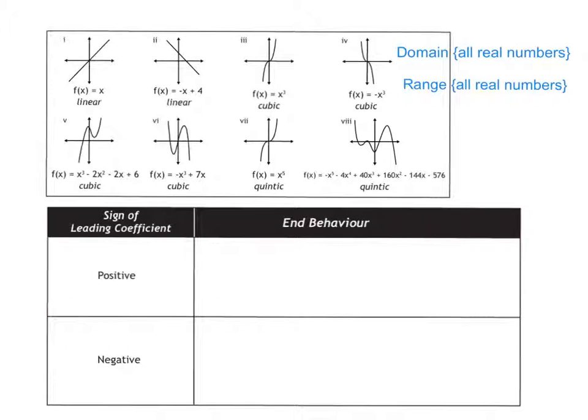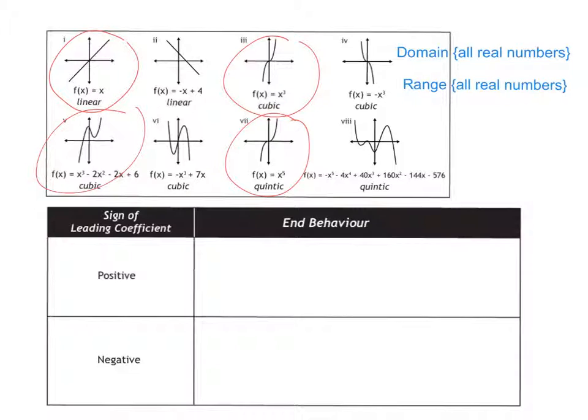Now the positive leading coefficients, I'll circle those in red again. It's this one, this one, this one, this one. Those four are positive lead coefficients because the x has a positive 1 in front of them.